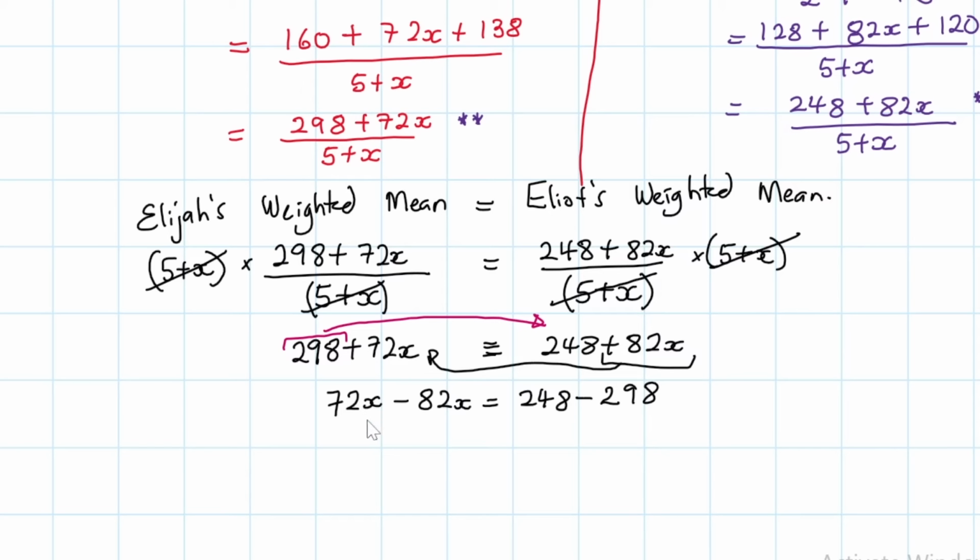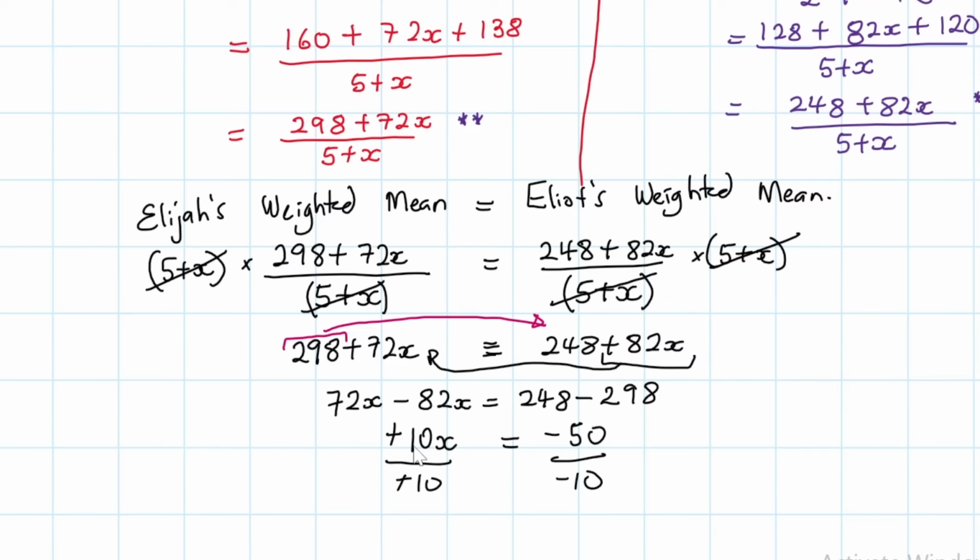So 72 minus 82 gives negative 10x, equal to 248 minus 298, which is negative 50. We divide both sides by negative 10.